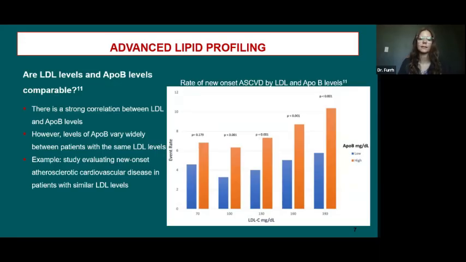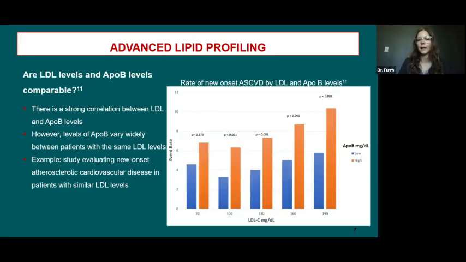So for example, in this study, they looked at new onset atherosclerotic cardiovascular disease in patients that had about the same LDL levels. First, what you notice is that the higher your LDL is, the higher the rate of cardiovascular events. That's something that's been long established in preventative medicine and in the literature. That's not surprising.